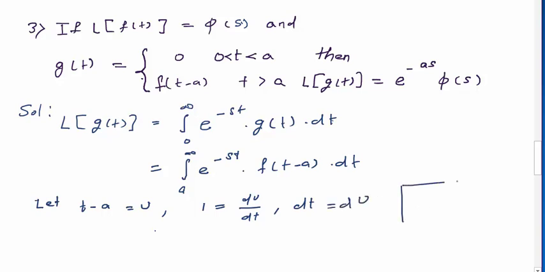And regarding the limit, the variable t is varying from a to infinity. So the respective limit for u will be, when the value of t is a, the value of u is a minus a, which is 0. So the variable u will vary from 0 to infinity, since when t is infinity, u is also infinity.